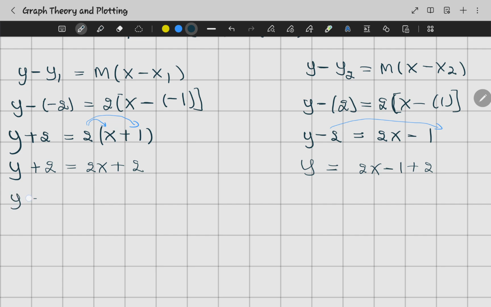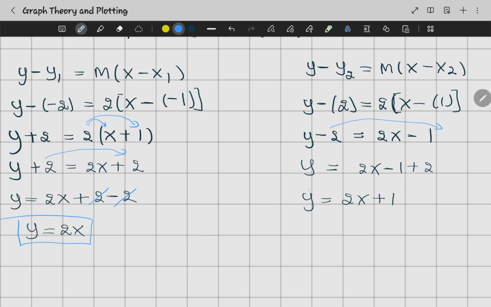Okay, and the same goes for this. If you move negative 2 to the other side, it's going to be negative. So as you can see, these two will cancel out each other, so you will end up having y equal to 2x, and here y equal to 2x plus 1, and then as you can see, this is what you will get, and this is what you will get this side.